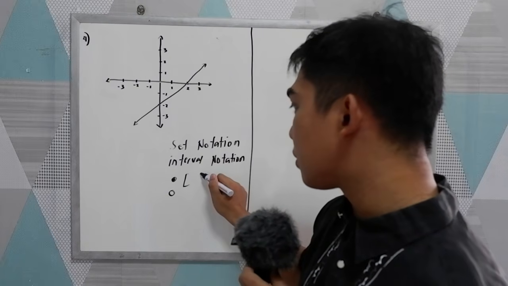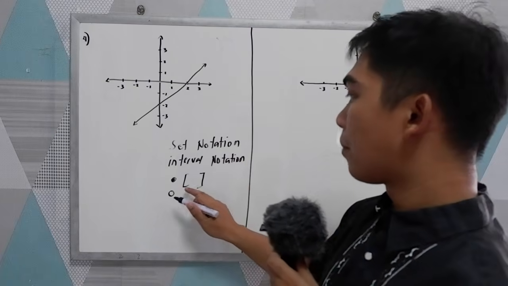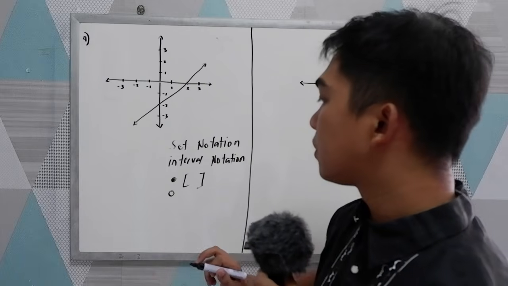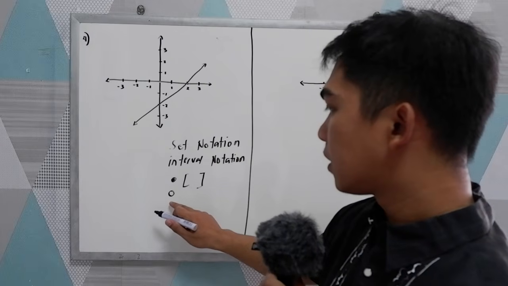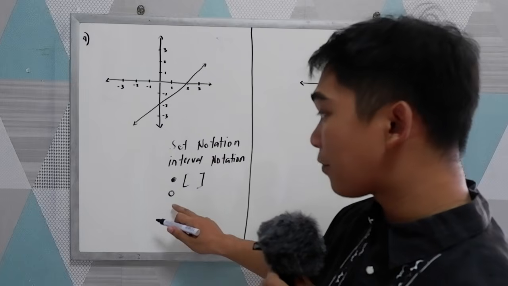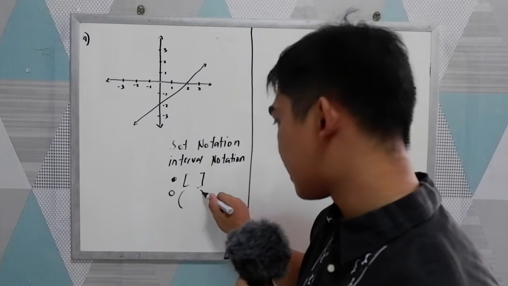We're going to use the bracket symbol, and if our graph is hollow, we're going to use the parentheses.